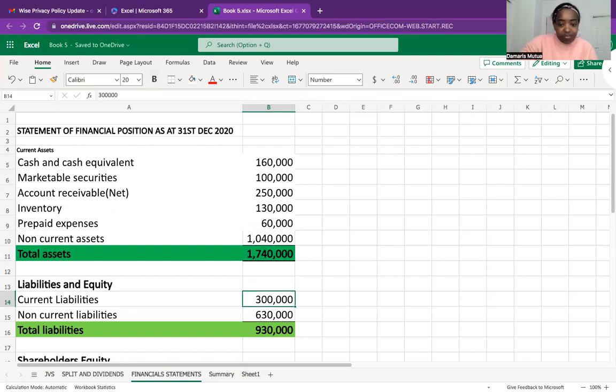Another mistake is when it comes to current and non-current liabilities. These are the long-term debts. Are we paying as expected? Are we booking the payments correctly in the system? We need to make sure that we are booking the payments correctly, so that it's reflecting the true position.